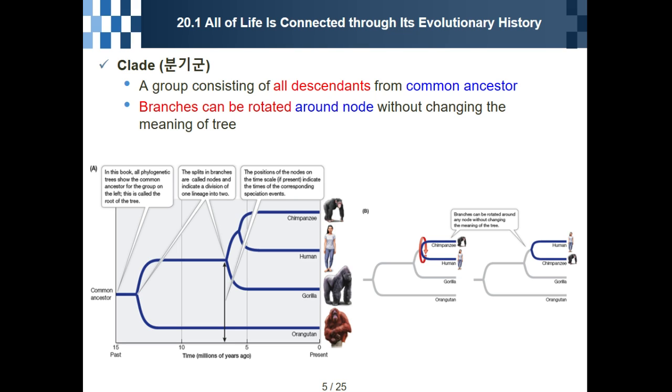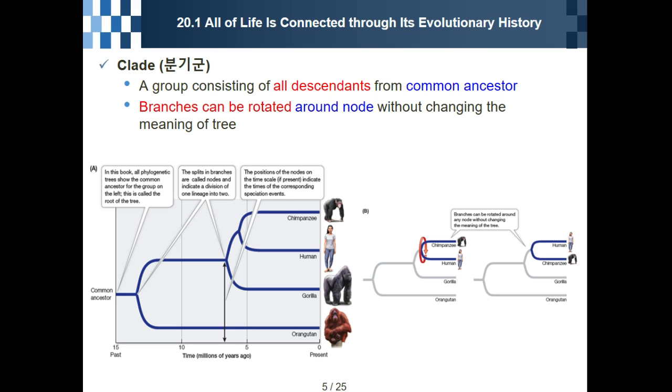They have a common ancestor, and they include all descendants. Chimpanzee, human, gorilla, orangutan, like this. So this one we call a clade, starting from a common ancestor and including all descendants. In Korean, we call it bungigun.